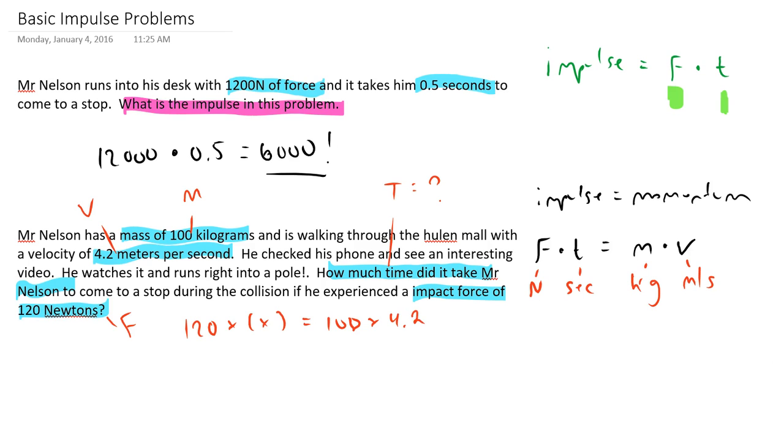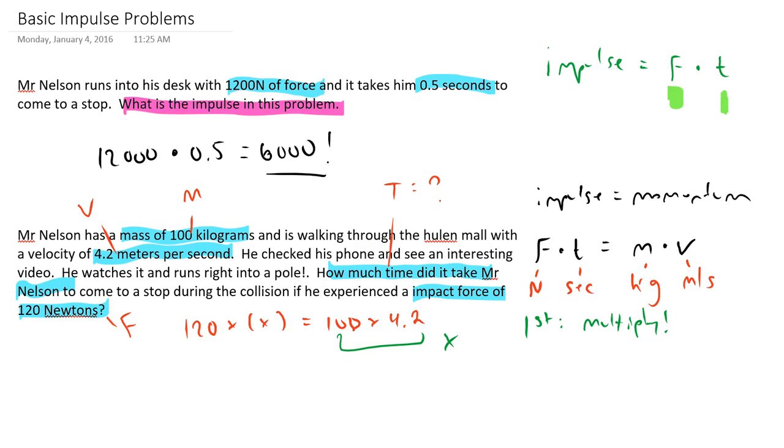Now, with these problems, it seems difficult, but it really isn't, because there are two steps. The first step is to multiply the right side.